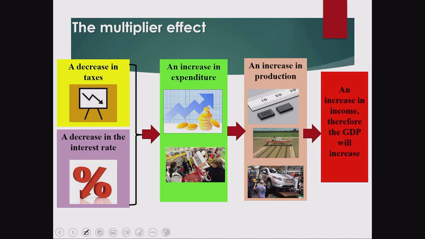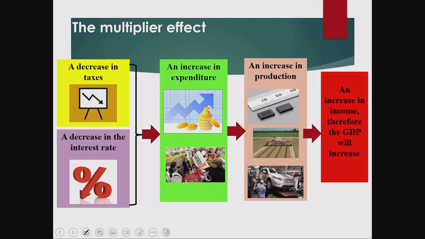Now, if you look at this slide, a decrease in tax, an increase in expenditure, they result in an increase in production, as I have indicated in that example earlier on. That results in an increase in income and therefore an increase in your gross domestic product.